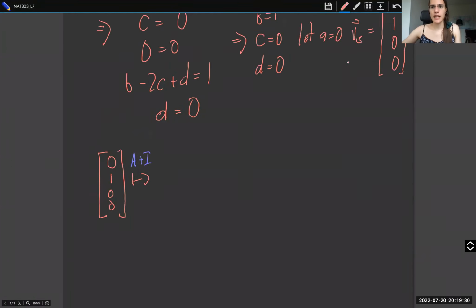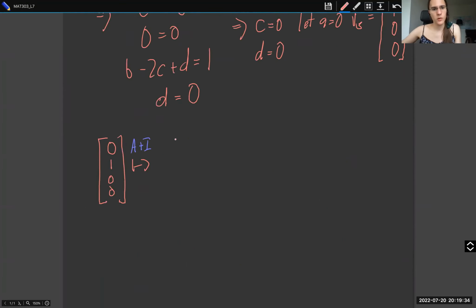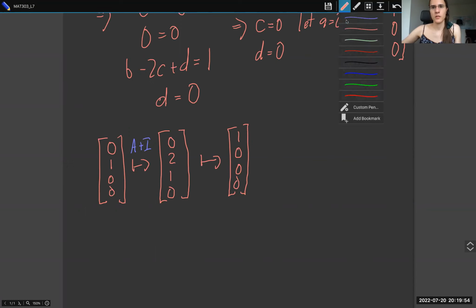And then the second one is 0, 2, 1, 0. And the first one was just 1, 0, 0, 0. And that gets sent to 0.